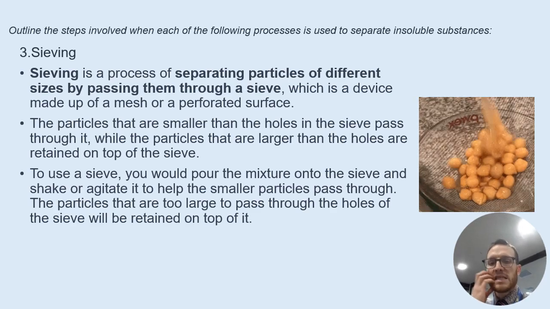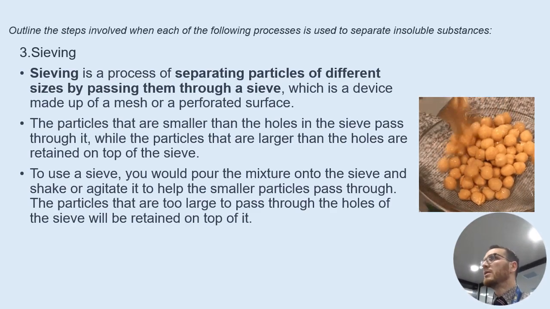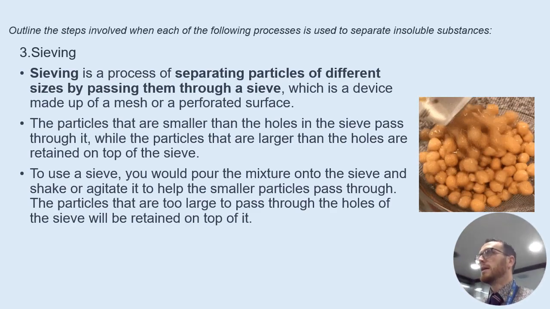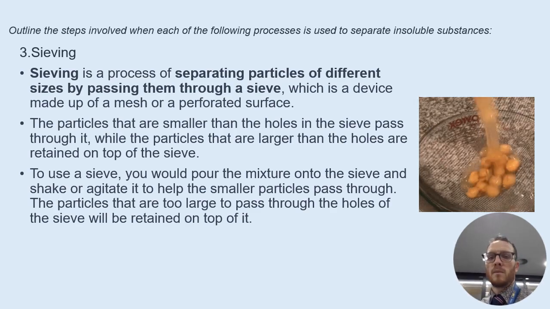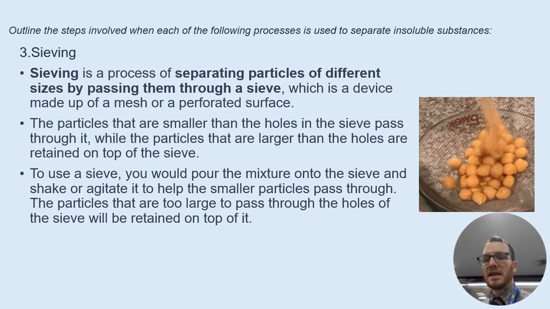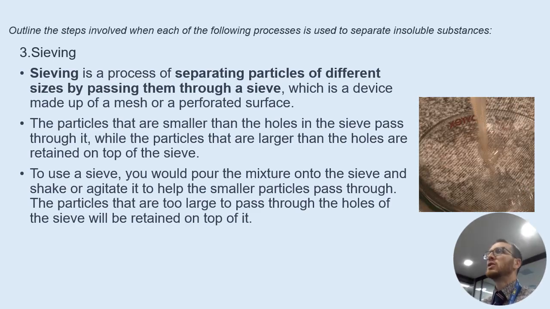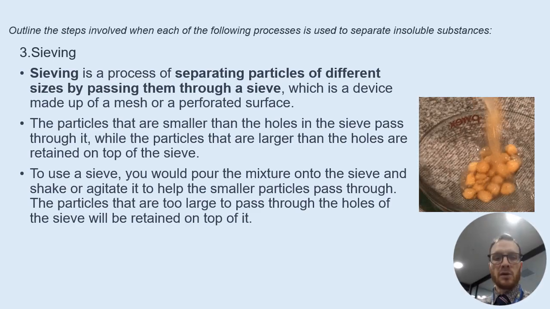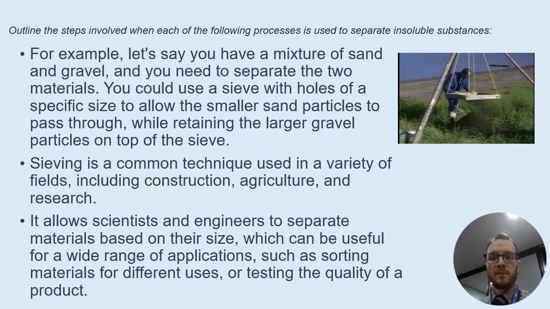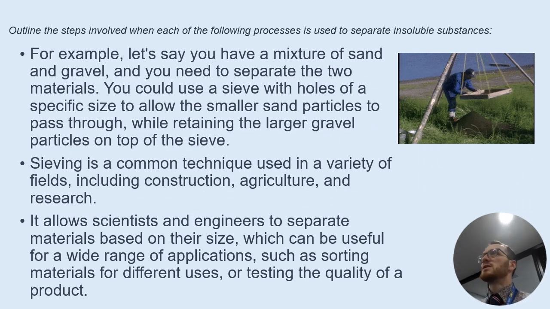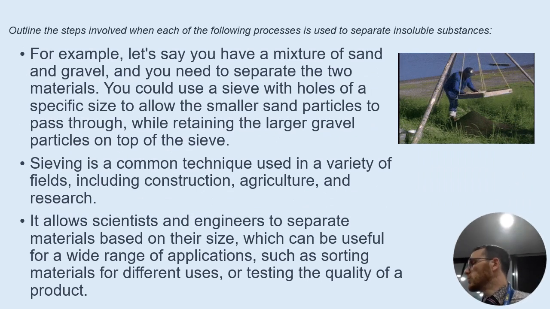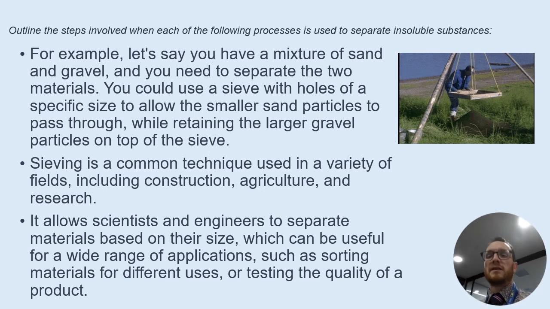We spoke about sieving. So this is when I've got a solid substance in a liquid. It's a kind of filter or a sieve, a metal mesh. The liquid goes through, leaving the solid component behind. You can use sieving to separate soil or dirt from rock, as an example.